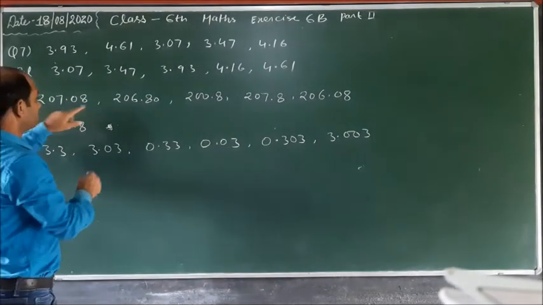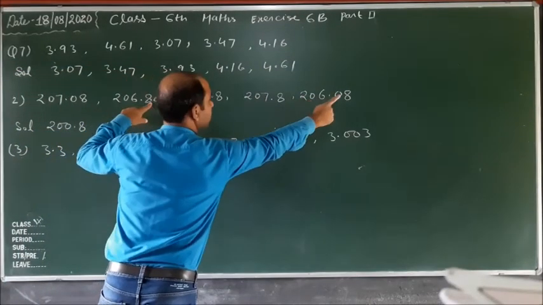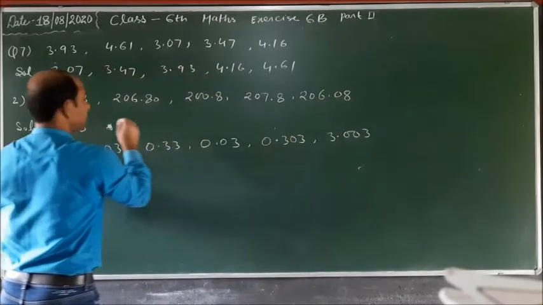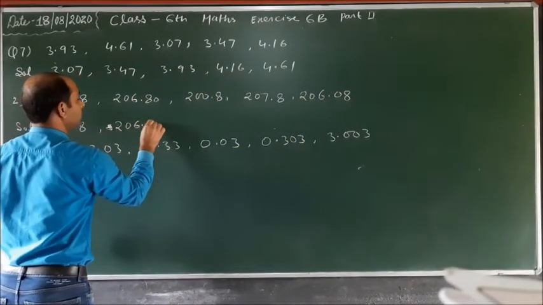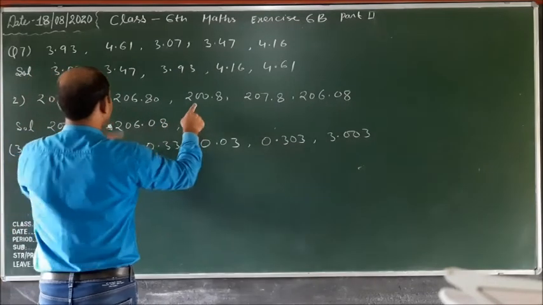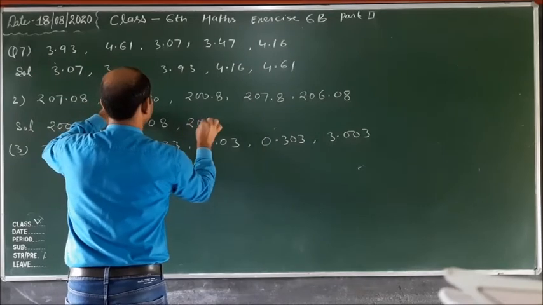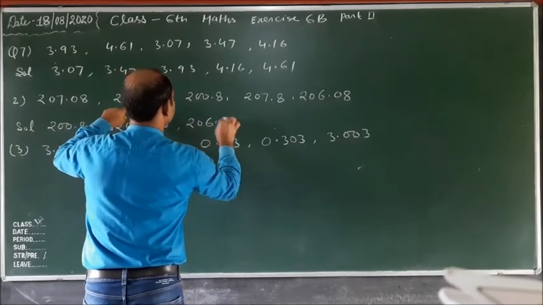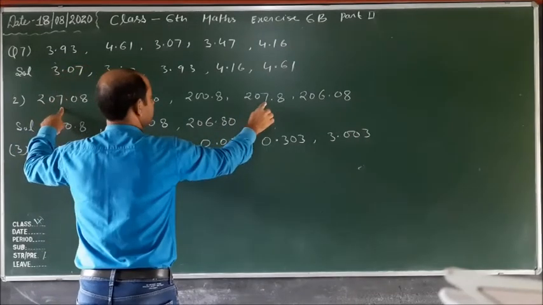So first we write 200.8. Now 206, 206. Here 8 and here 0. So this is the smallest number. So we write 206.08. Then we write 206.80. Now 207, 207.